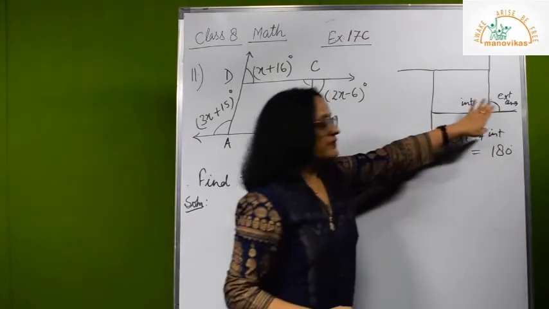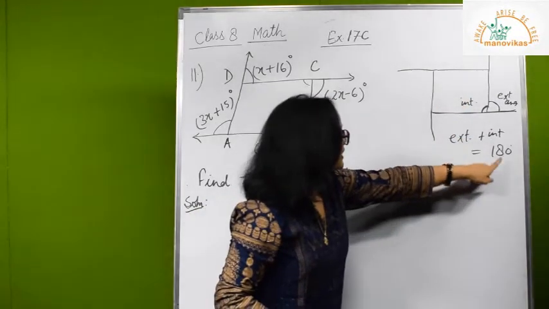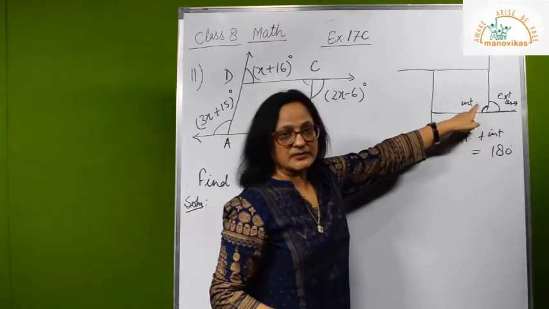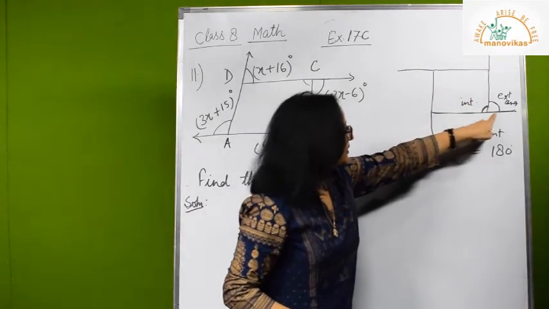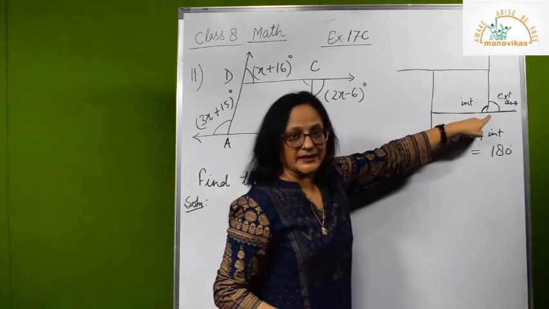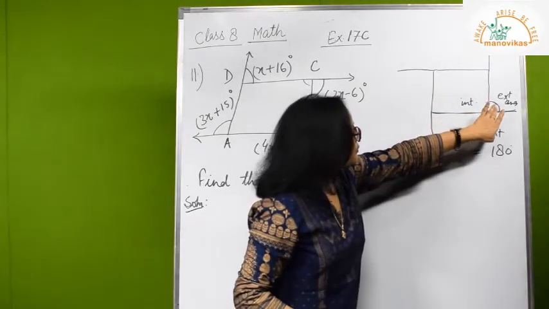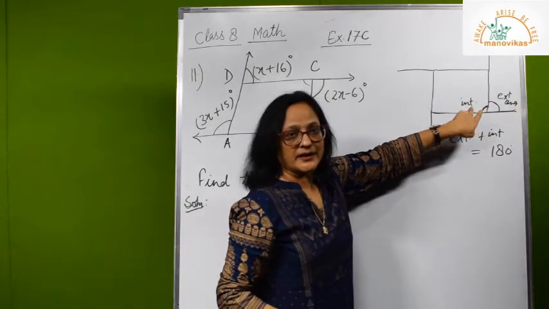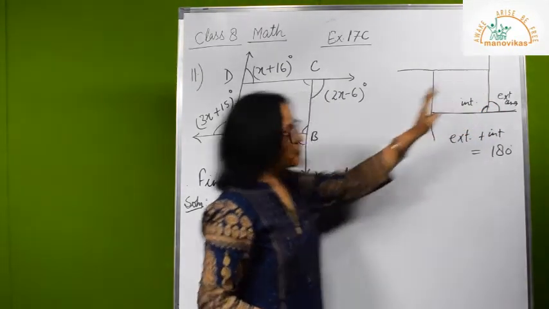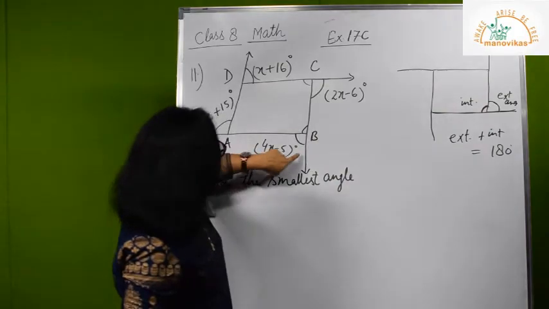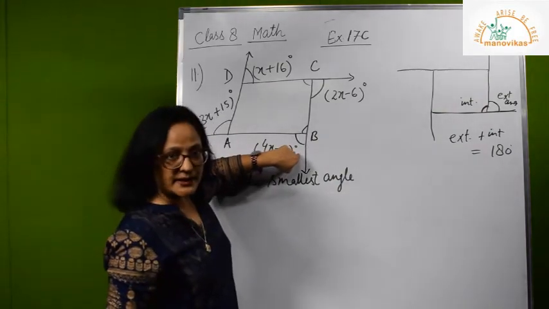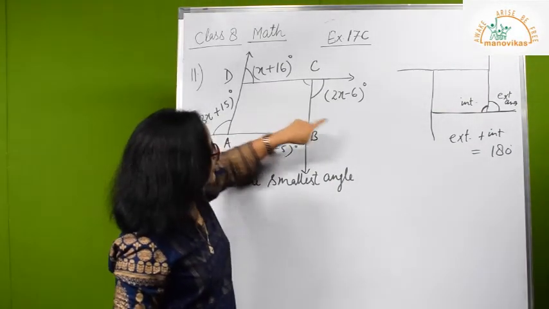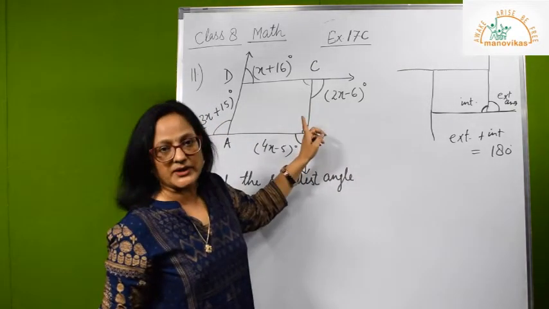We will use exterior angle plus interior angle equals 180 degrees because they make a linear pair. So if you know the exterior angle, you can find the interior angle. One concept: with the help of the exterior angle, we find the interior angle with the linear pair property.